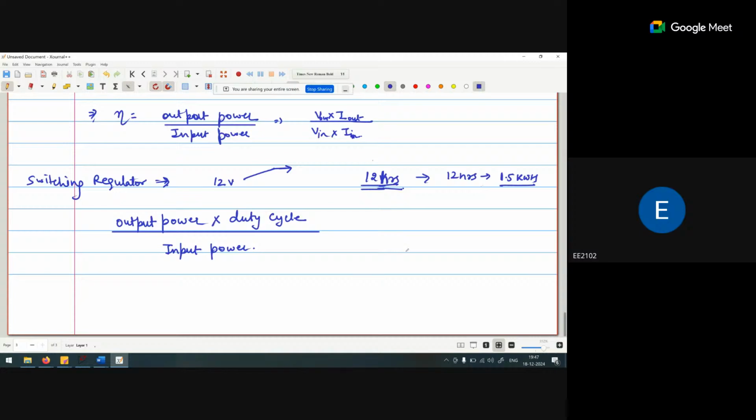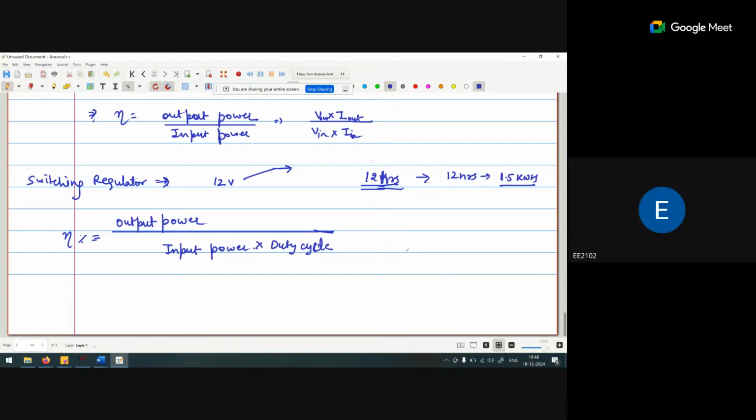If I am talking about the efficiency, yeah, the duty cycle is in the denominator part.